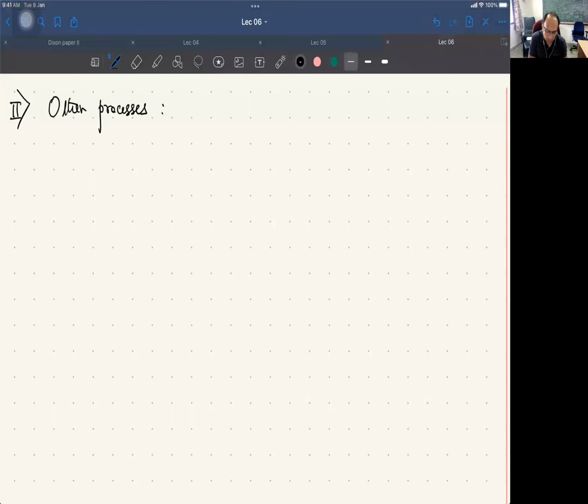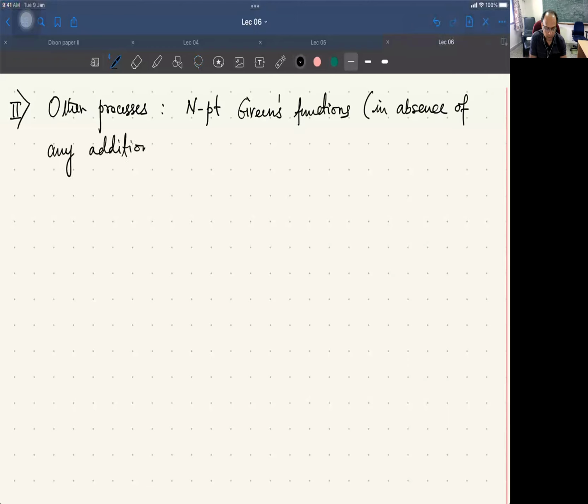These are called endpoint Green's functions, in the absence of any additional backgrounds. So let's see what I mean by this.